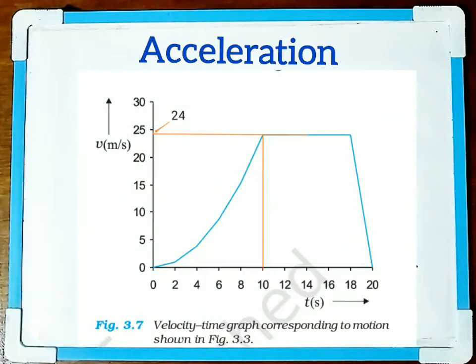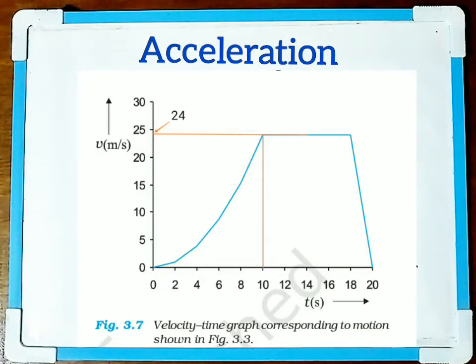So you can say from 0 to 10 seconds, the driver of the car may put on the accelerator and accelerate the car, which means he's increasing the velocity of the car. Then from 10 to 18 seconds, he's cruising with a constant speed.